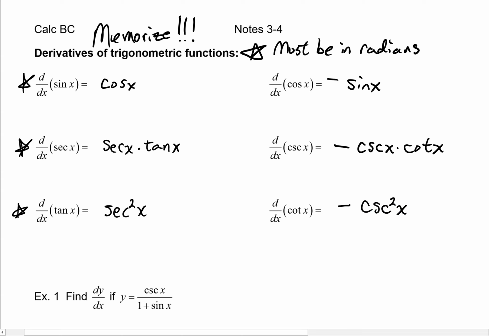First of all, a couple of things to help you. The derivative of co-functions like cosine, cosecant, cotangent, you're always going to have a negative out in front or an opposite of. It's super important for you to remember that. When you're looking at that first column here, we did not.